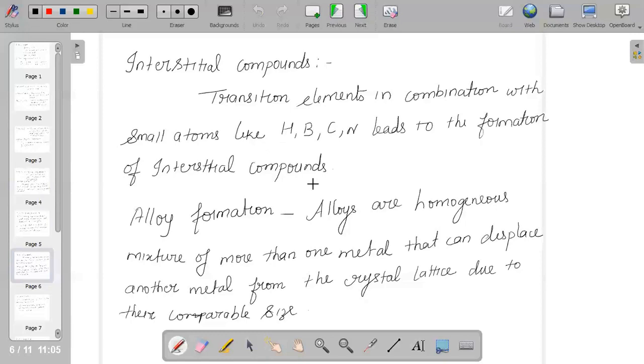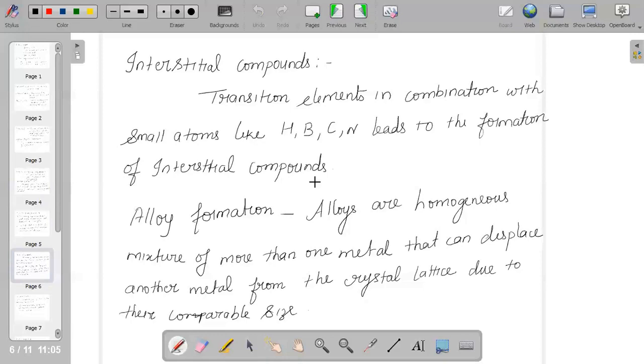The interstitial compounds formed are chemically inert and have a very high melting point compared to other pure metals. These compounds are hard and tough, and they keep metallic conductivity.